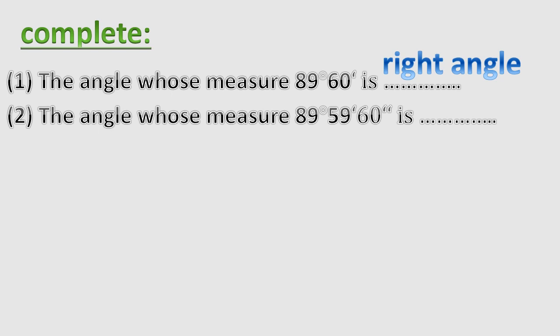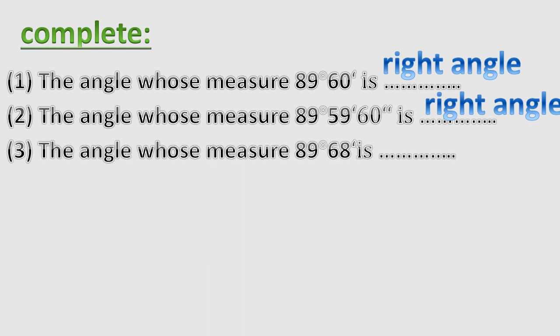Number 2, the angle whose measure is 89 degrees and 59 minutes 60 seconds. 60 seconds equals 1 minute, and 1 minute plus 59 equals 60 minutes, which equals 1 degree, plus 89 degrees equals also 90. It will be a right angle.